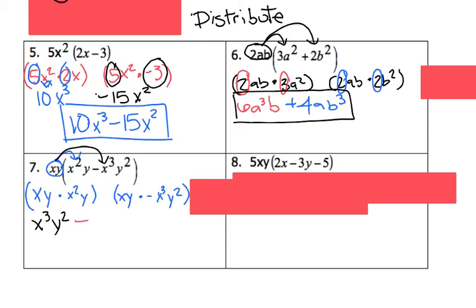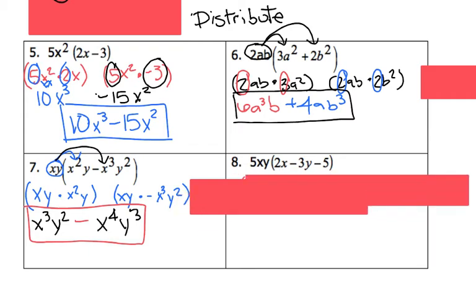That's 1x here and then I have 3 x's there, so adding them would give me a total of 4 x's. So x to the 4th power. Then I have 1 y and then 2 y's, so that would give me a total of 3 y's. So y to the 3rd power. These terms are not alike, so therefore we cannot combine them. So that would be our answer.